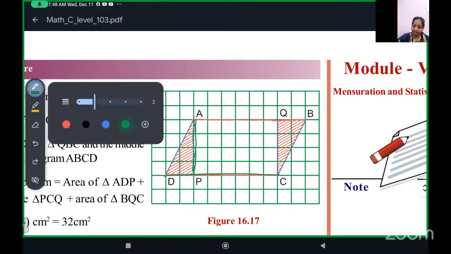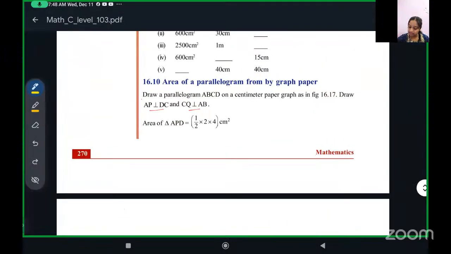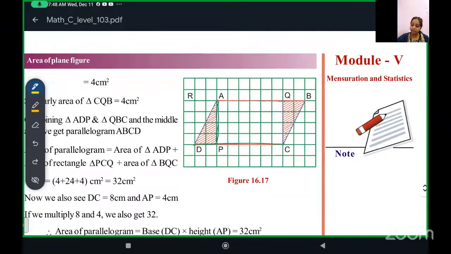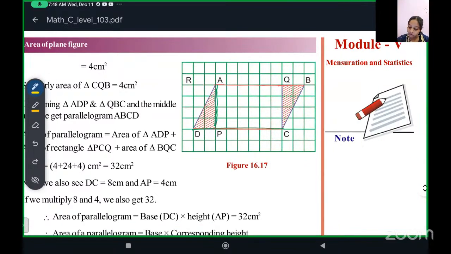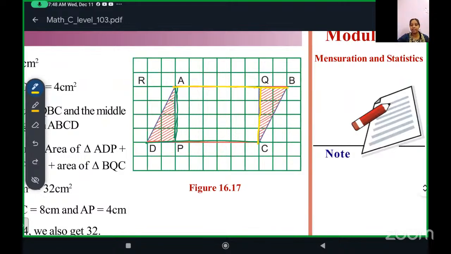And it says that CQ is perpendicular to AB. This is the line CQ. It is perpendicular to AB. This one.